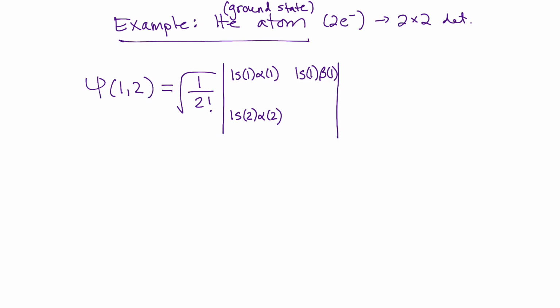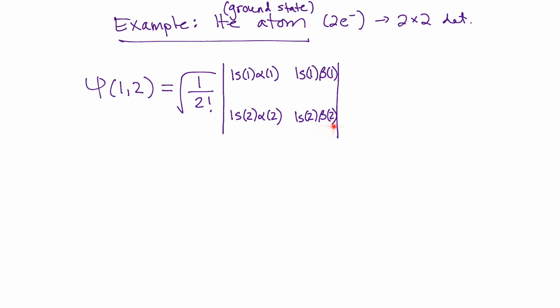Then we'll do the same thing for electron 2. So electron 2 also has a similar option, so it can be spin down as well. Now we have accounted for all of the possible options for electron 2. So electron 2 can be in the 1s orbital spin up, and electron 2 can be in the 1s orbital spin down.